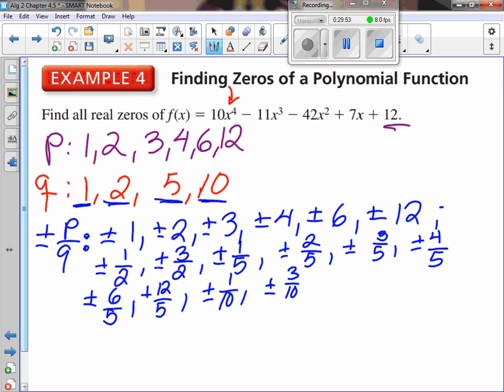So each one of these here, all of these here, are all possible rational zeros. Graph this thing. Go on and graph it. And let's see what we get.